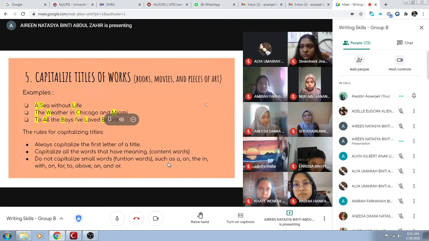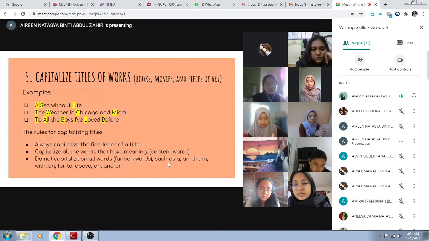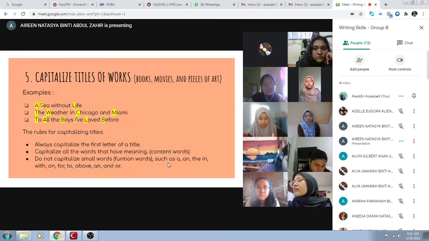As you know, words are content words and function words, or we also call them major words and minor words, or open words and closed words.